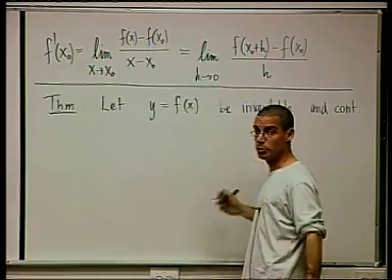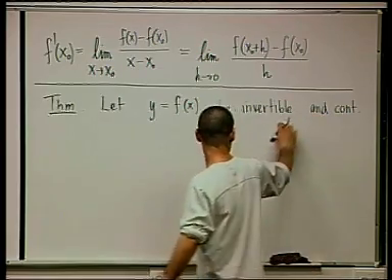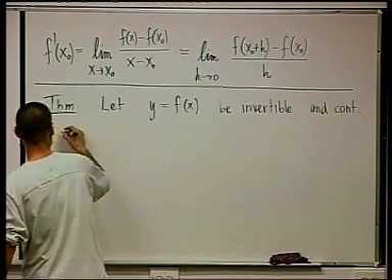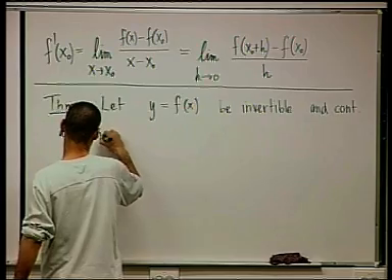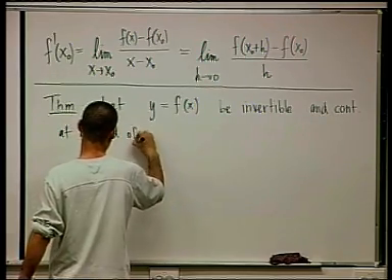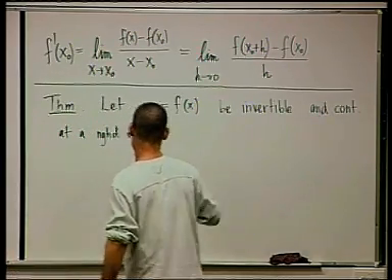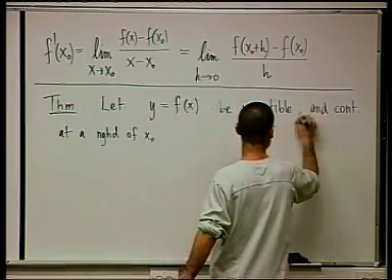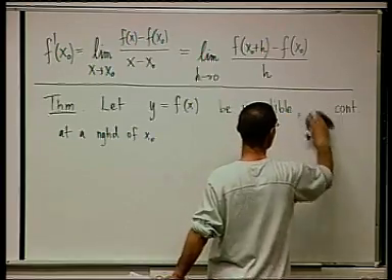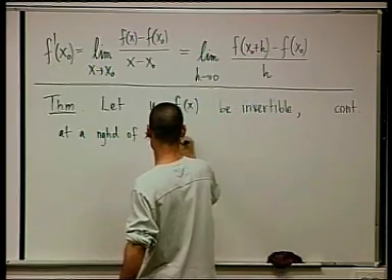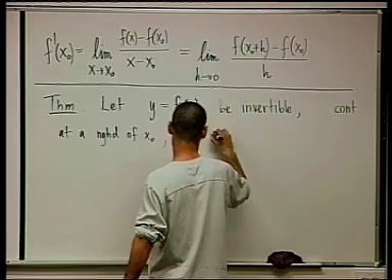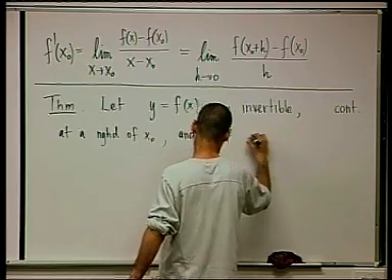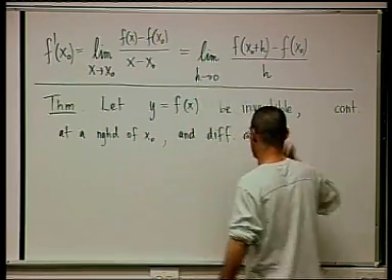They're required for the proof, and we're not going to prove it. So continuous in a neighborhood of x0, and you're not going to see why we need this. So invertible, continuous in a neighborhood of x0, and differentiable at x0. That's obviously something you need.